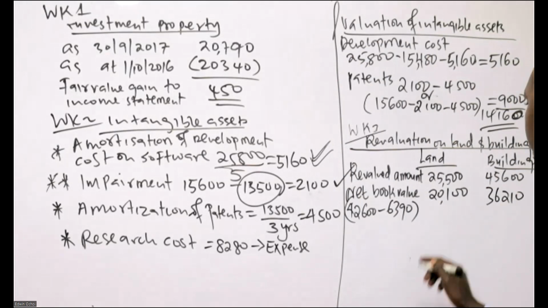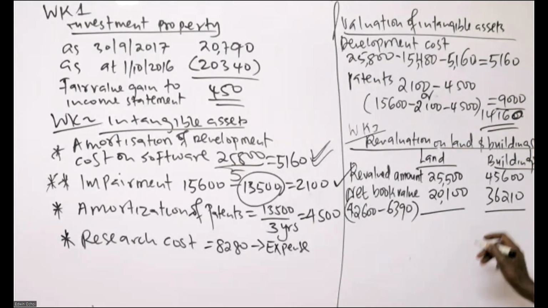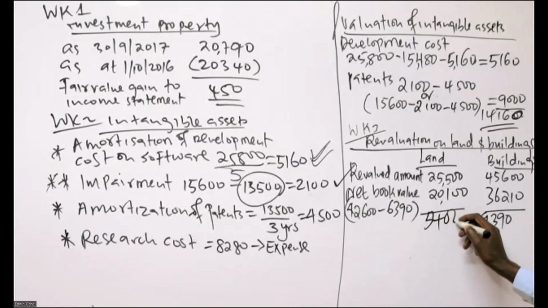So the difference: for buildings it is 9,390, and for land 25,500 minus 20,100 is 5,400.